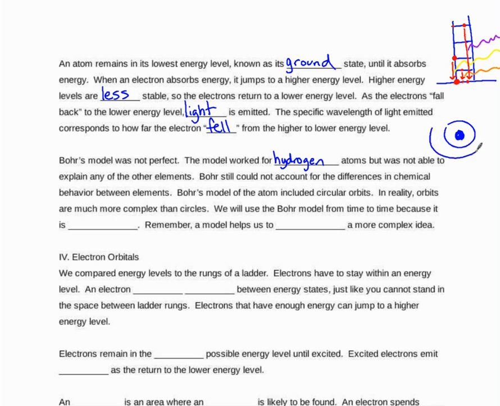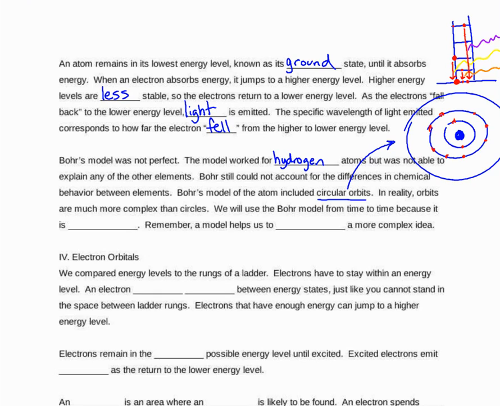Here's an orbit, here's an orbit, here's an orbit, and the electrons are going around these circular orbits. And this is a model that works, but it's not really the most accurate either. In reality, the orbits are very complex shapes, definitely not circles, and they move in 3 dimensions.